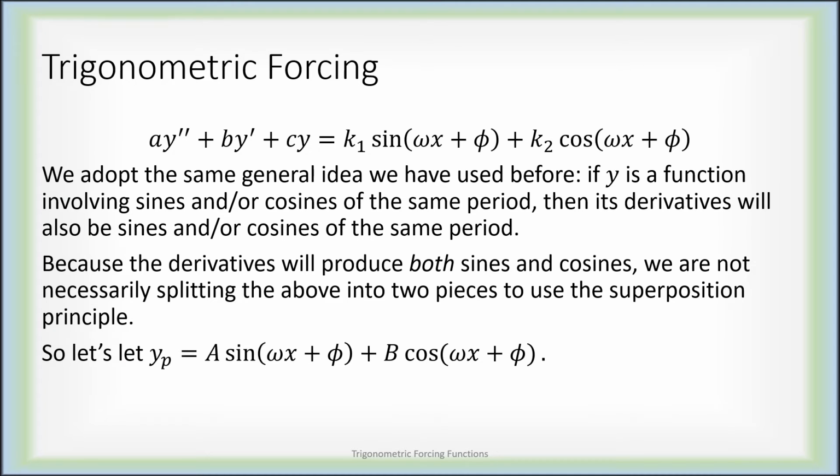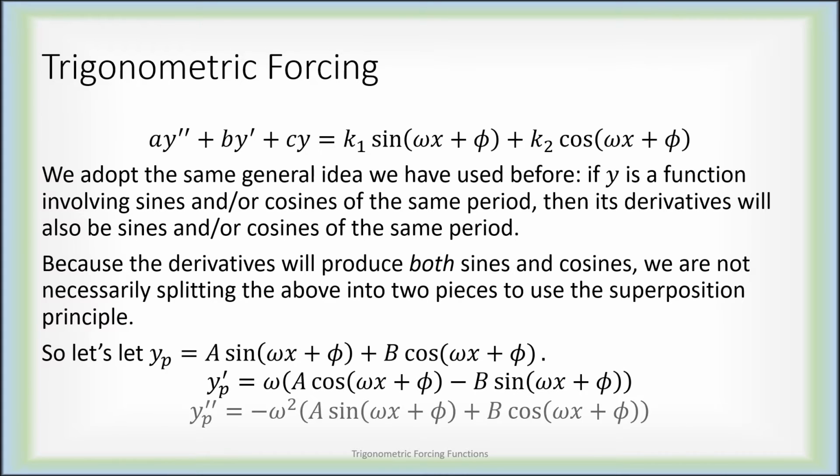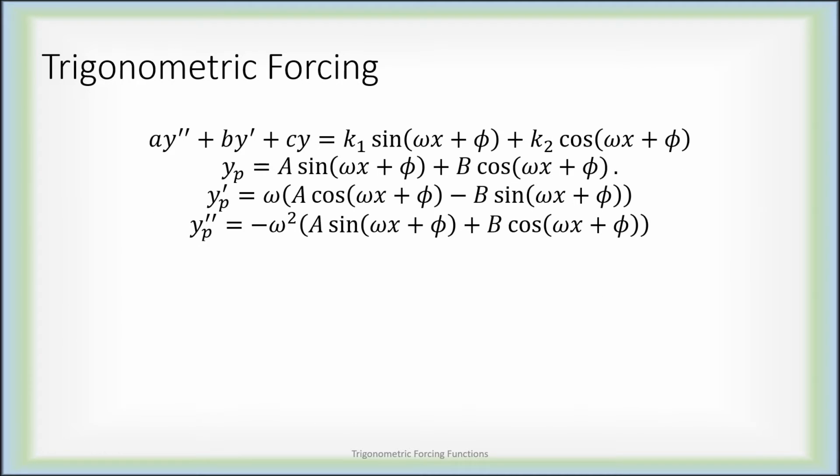So we set our particular solution to be some multiple of a sine and some multiple of a cosine with this same period and phase shift. Well, here's the first derivative of that, and here's the second derivative. Notice that this omega factors out from the chain rule each time you take a derivative. So here we have our differential equation, our proposed particular solution, and its first and second derivative.